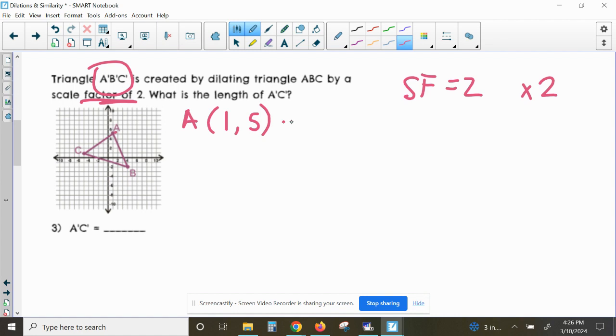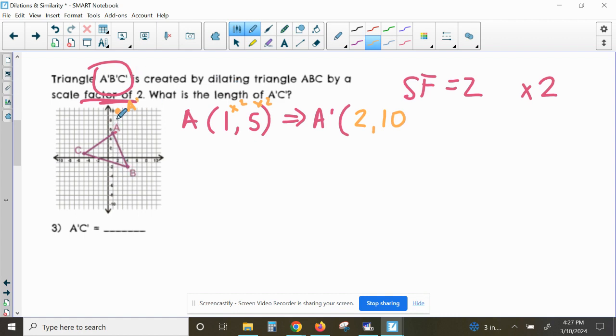So if I wanted to know what A prime was, all I have to do is multiply this by 2 and this by 2 to get my new point, which would be 2 comma 10. So over 2 up 10. So this would be my new A prime.